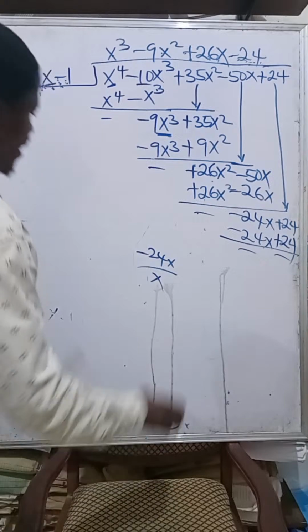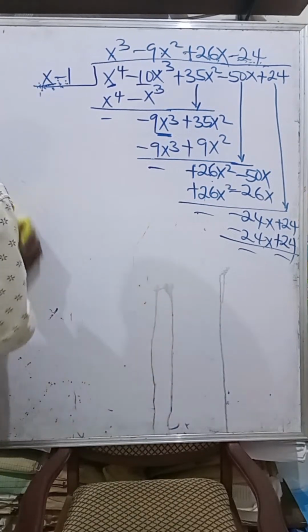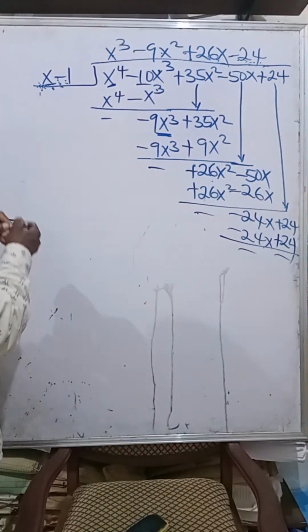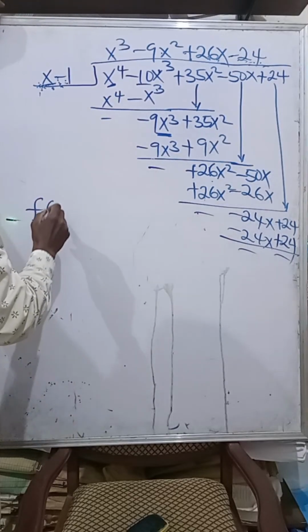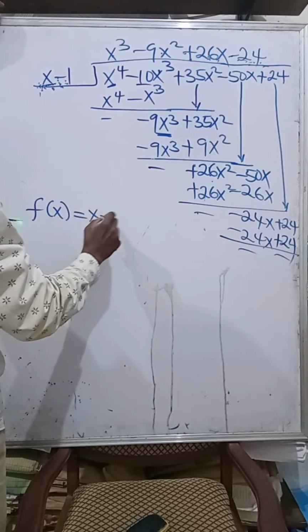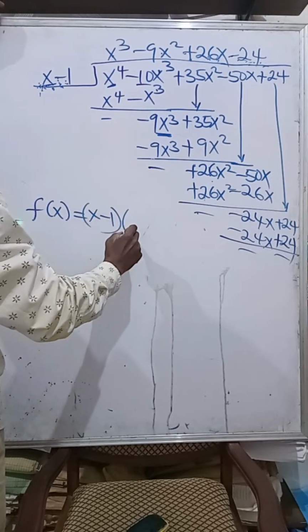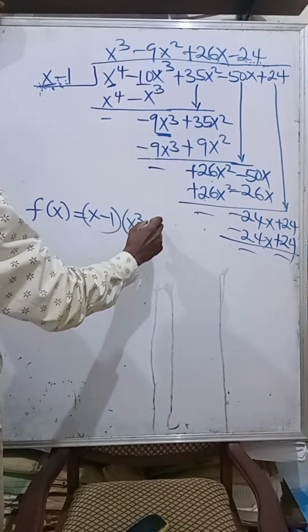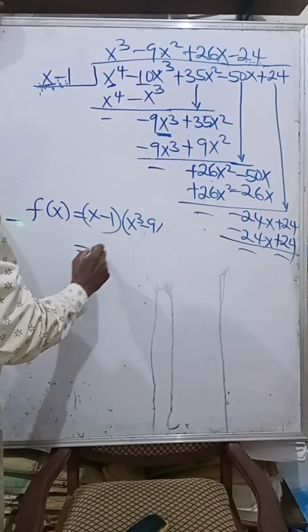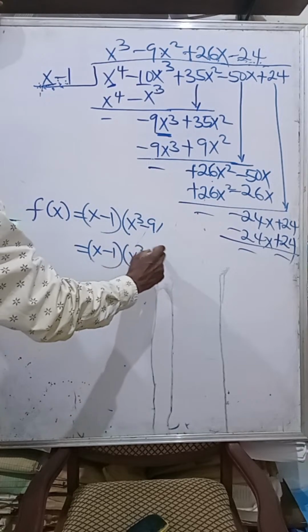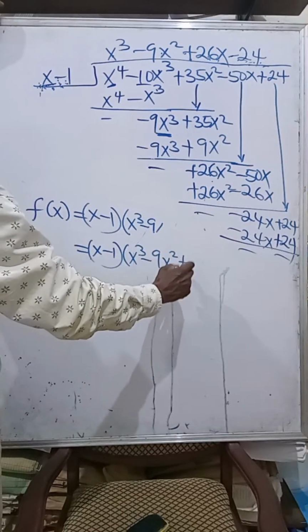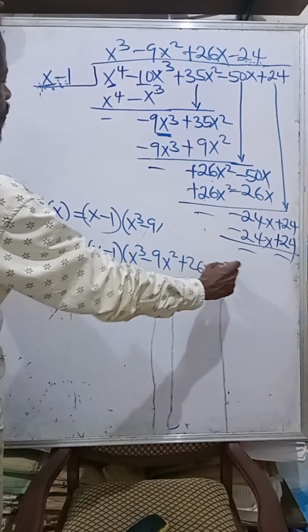Okay, so what we have here is we have reduced the polynomial. Our function now is x minus 1 times x cubed minus 9x squared plus 26x minus 24.